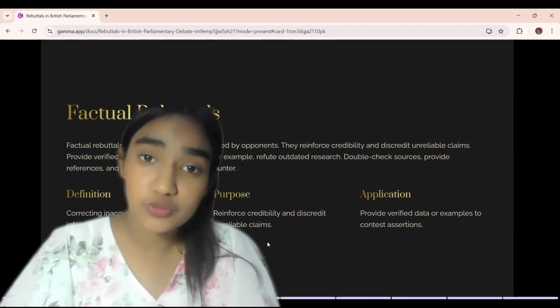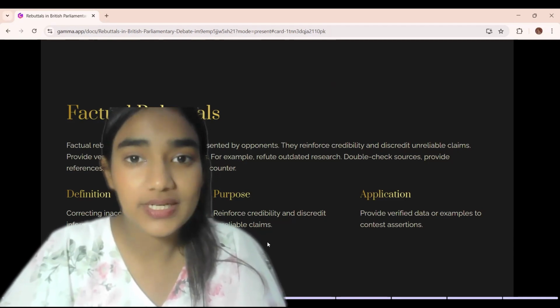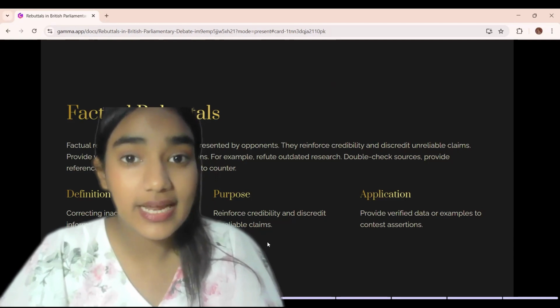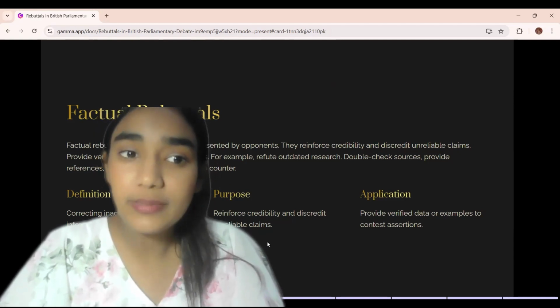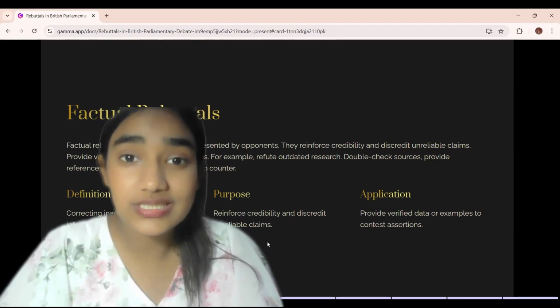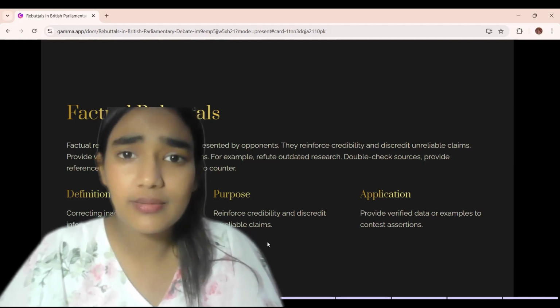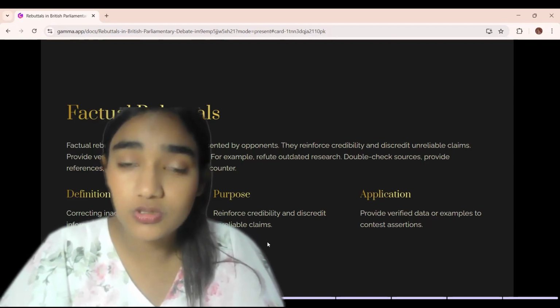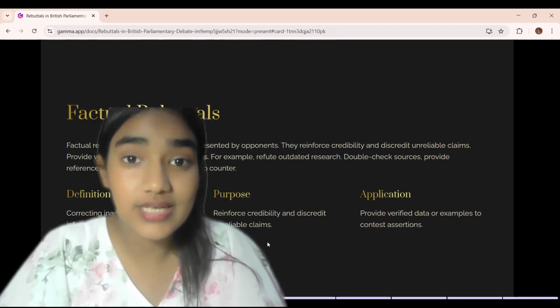Now, capital punishment. Let's say the opposition says that capital punishment in Singapore has led to low crime cases. You can rebut it factually: no, crime cases are not just influenced by capital punishment, because similar capital punishment can also be observed in the USA or UK, but yet the crime rates are high.